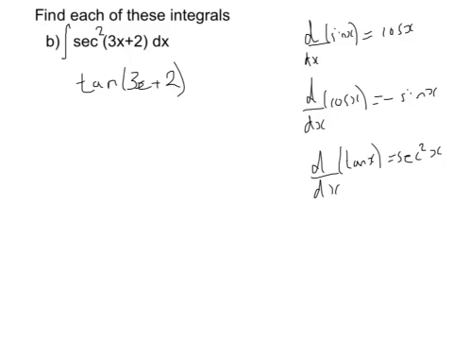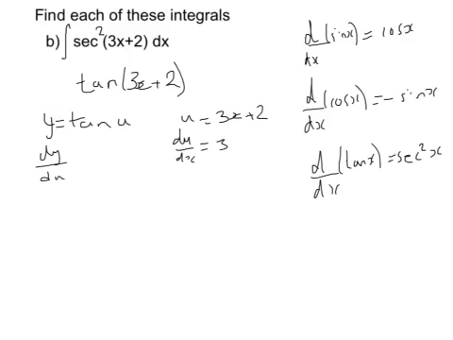Now if I differentiated that, I'd have y equals tan u, where u equals 3x plus 2. du by dx is 3, dy by du is sec squared u, which is sec squared of 3x plus 2.